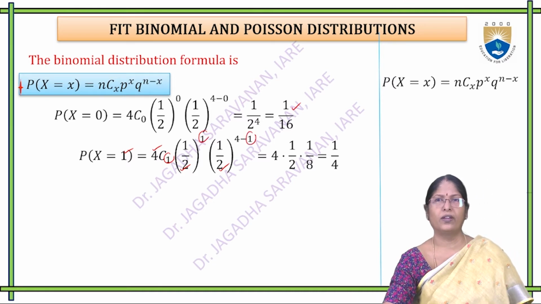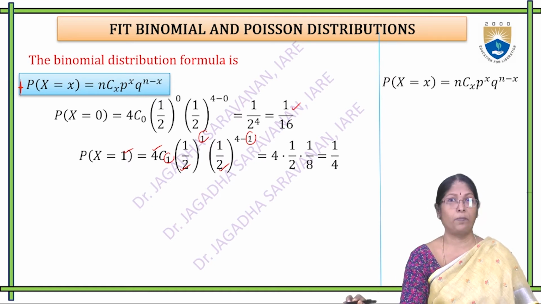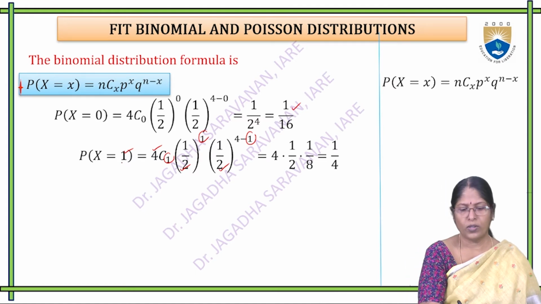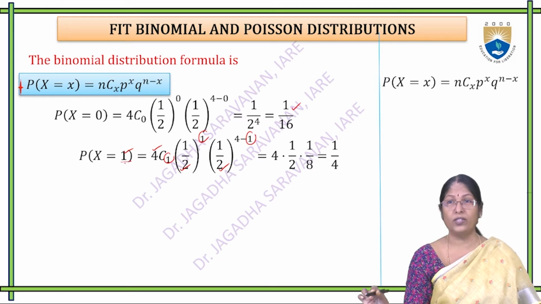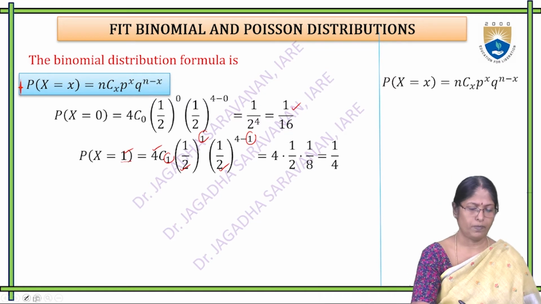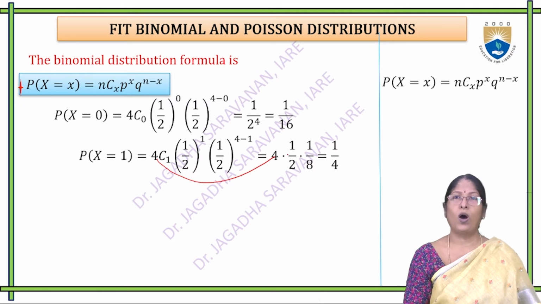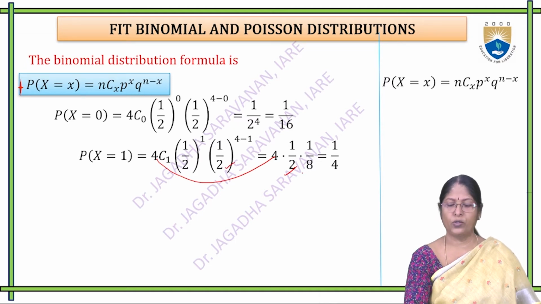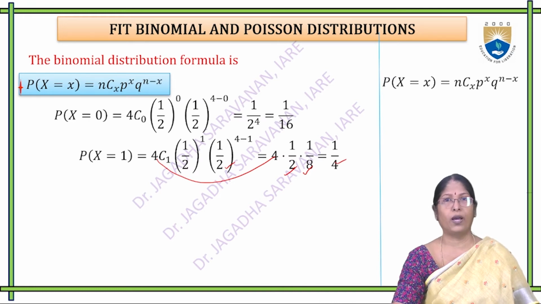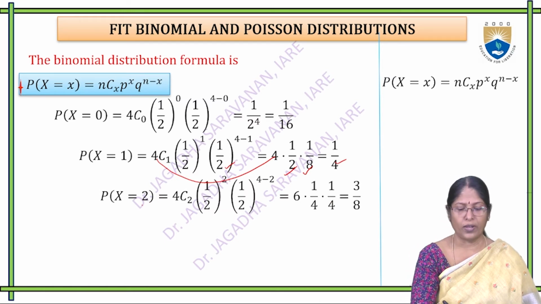If you concentrate on this point, we can avoid lots of careless mistakes. Here x takes the value 1. So 4C1 is 4, (1 by 2) power 1 is 1 by 2, and (1 by 2) power 3 is 1 by 8. We simplified it and obtained the result 1 by 4. Next, similarly we have to do it when x equals 2.